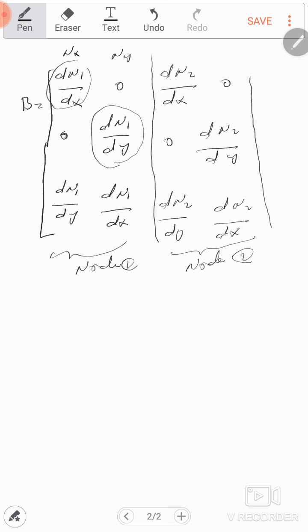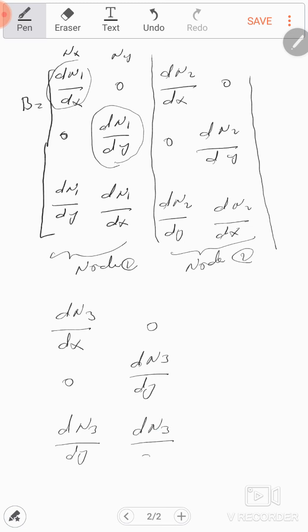Same thing with node number 3. So node number 3 is dn3 over dx. I'm sorry, I don't have enough space, so I will write here down. Here 0, 0, dn3 over dy, and the last one is dn3 over dy, dn3 over dx.